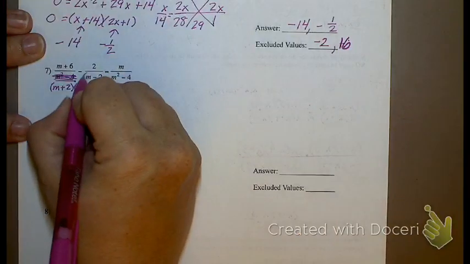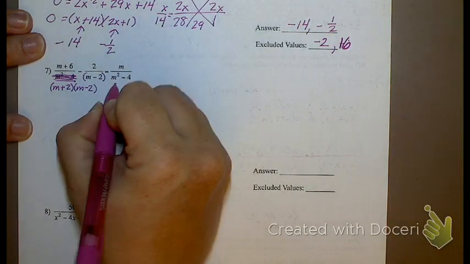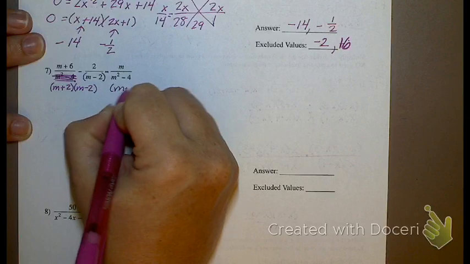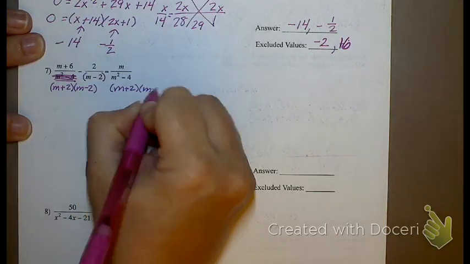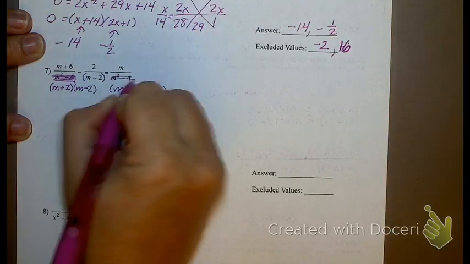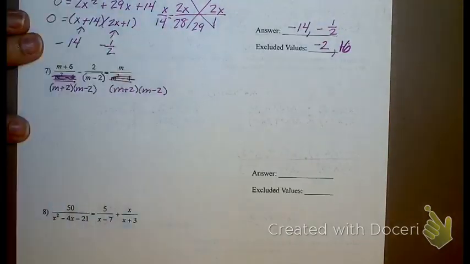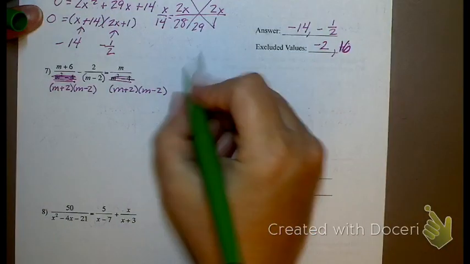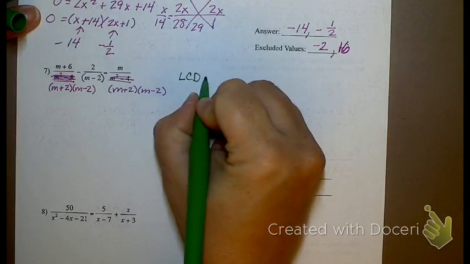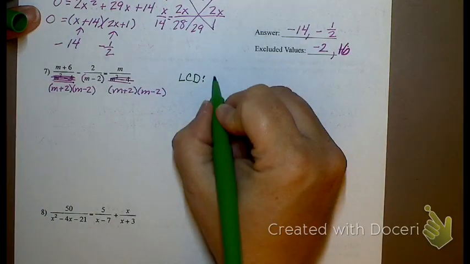This one's already factored, so I'm going to put it in parentheses. This one is also m plus 2, m minus 2. So what is my LCD? M plus 2, m minus 2.